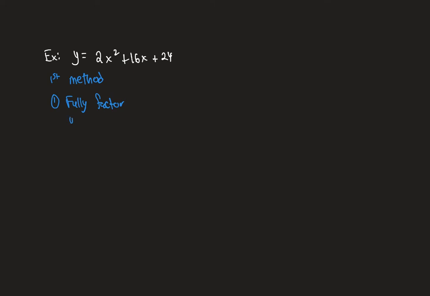Okay, so y is equal to, I can factor this out. Let's say x plus 12, and I know this is going to be 2x plus 6 and x plus 2. Second step is find your x-intercepts.